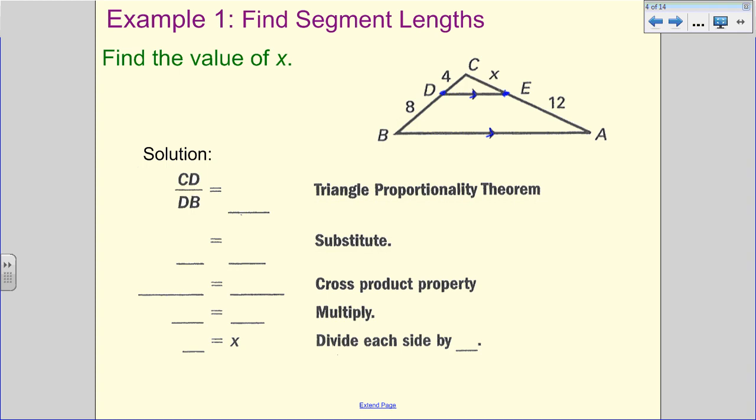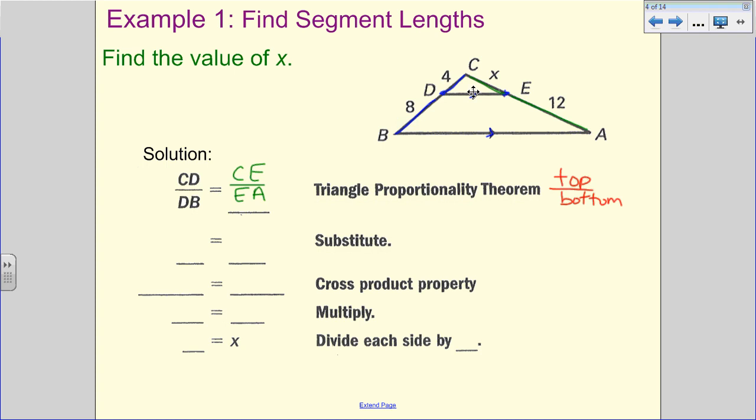We have CD to DB is going to be equal to CE to EA, top to bottom. And so that's the ratio that we're setting up when we talk about this triangle proportionality theorem. We're doing top to bottom. And these are segments, not sides.